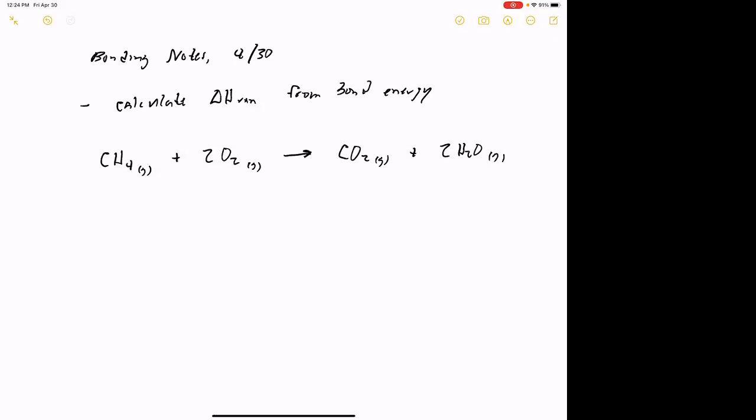That's why we need the Lewis structure. You guys can verify these Lewis structures as I go. CH4, I think we did that one in class a few days ago. It looks like that. Oxygen looks like this.